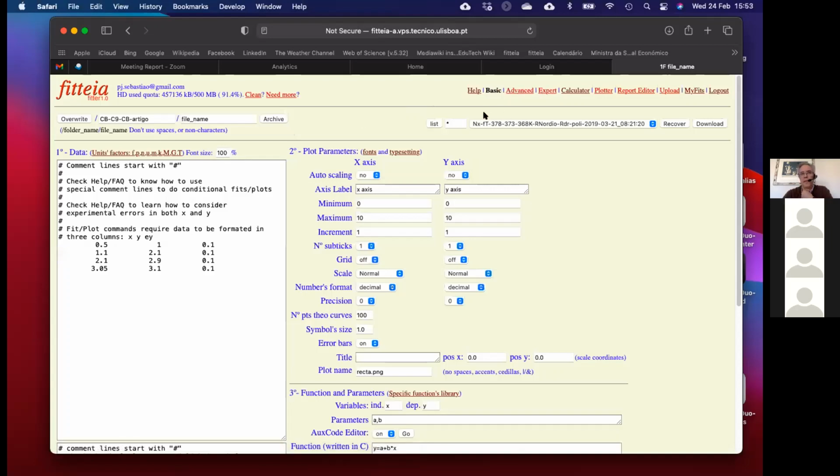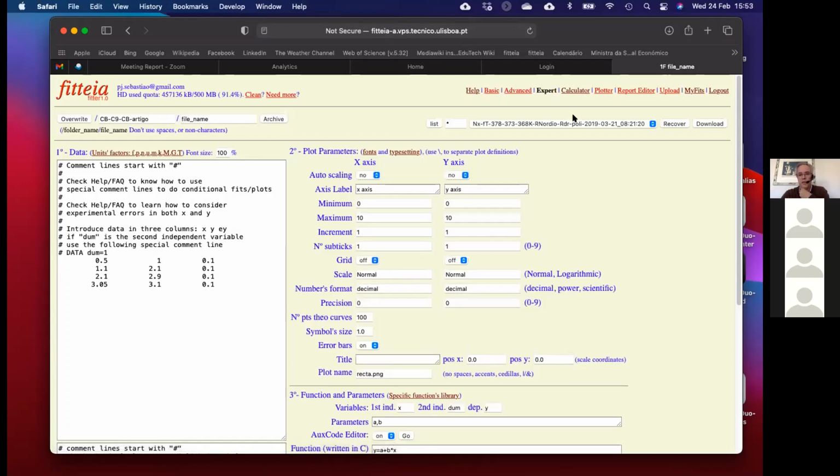Depending on the level of complexity of your problem, in particular if you are addressing the simultaneous or multidimensional fit of, let's say, relaxation, dispersion, temperature dependence, angle, concentration, whatever, you might be willing to use one of the more advanced modes, like the expert mode.